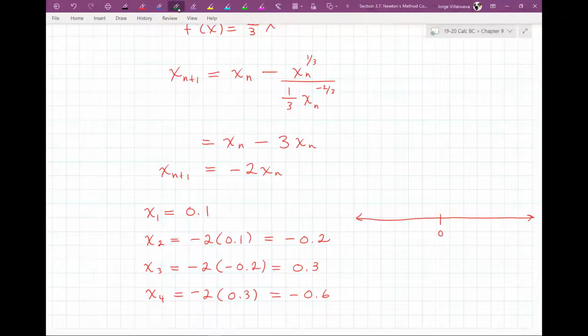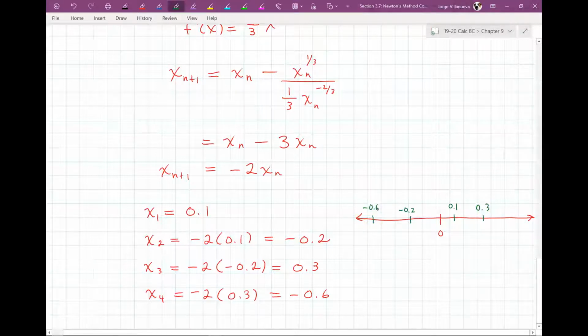So, our first one was 0.1. By the way, this is not to scale. And then negative 0.2. And then 0.3, and then negative 0.6.